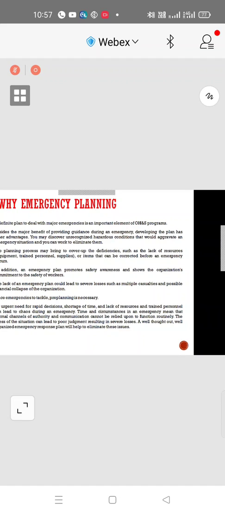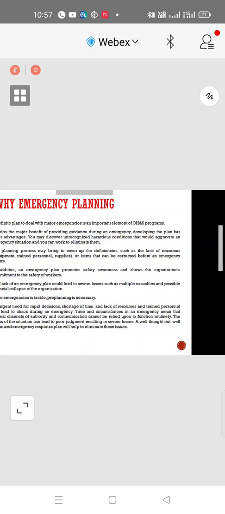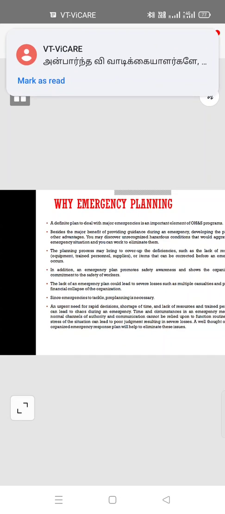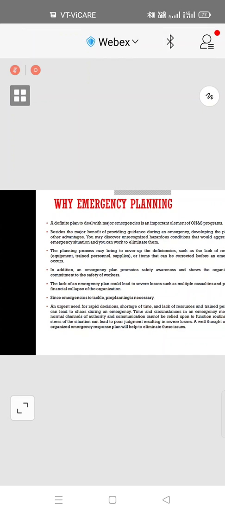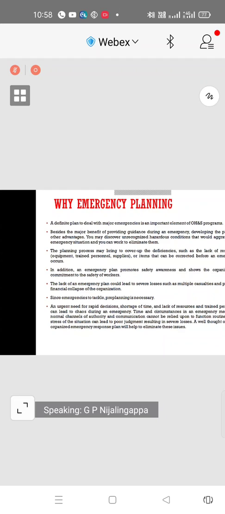The lack of an emergency plan could lead to severe losses. If emergency planning is not done, without proper study, financial collapse of the organization may also occur. So those things also have to be understood. Since emergencies have to be tackled, pre-planning is necessary.